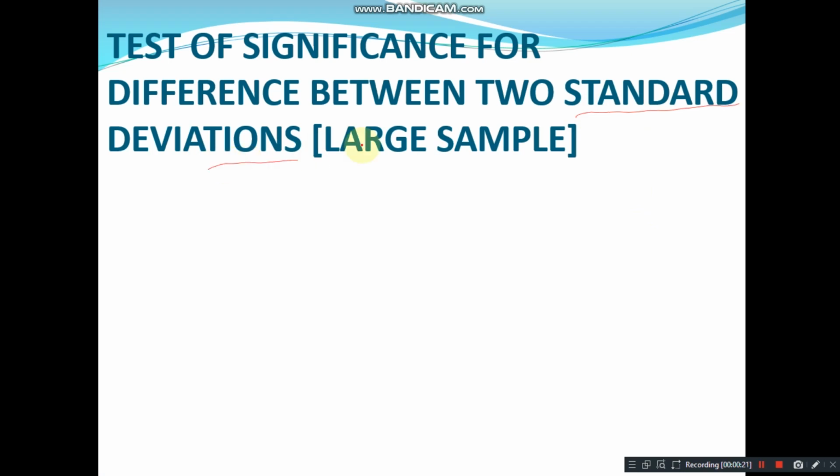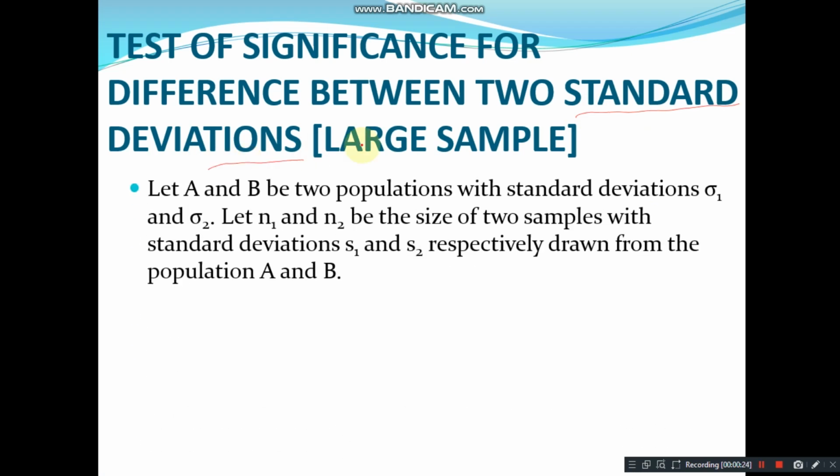That's why we need to know what the two samples are, and from where you are collecting those two samples. Let us take two populations A and B with standard deviations sigma 1 and sigma 2, and from these two populations, we take two samples of sizes n1 and n2 respectively, and the standard deviations are represented by s1 and s2 respectively.